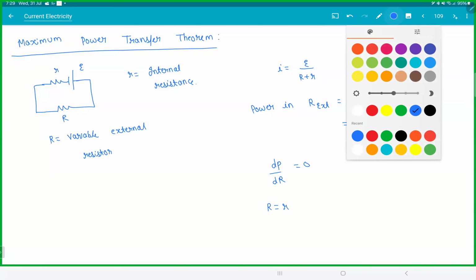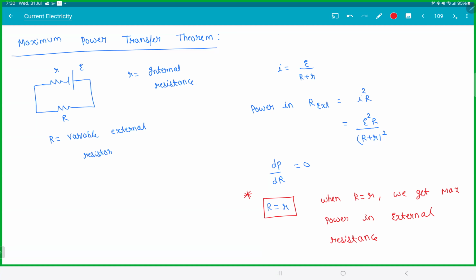And the sad part about this is, when you take R equal to r, half of the energy is wasted in the internal resistance and half of the energy is coming out in the external resistance. Meaning no matter how much you try, you can't get more than 50% efficiency. You'll always lose at least 50% energy in the internal resistance. That's what this is trying to say indirectly. So when you are taking energy from a battery, you can't get more than 50%.